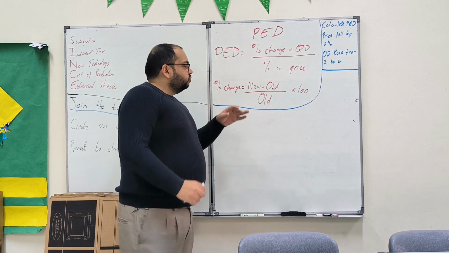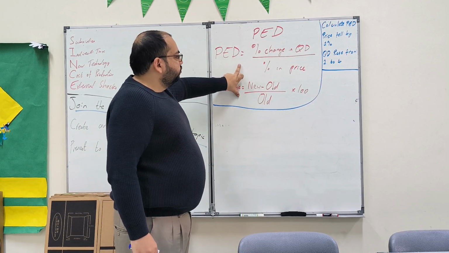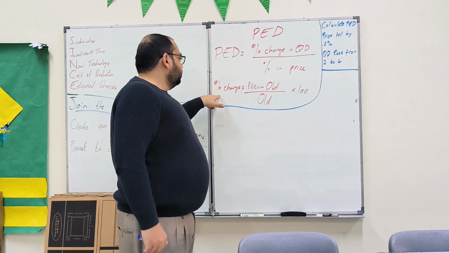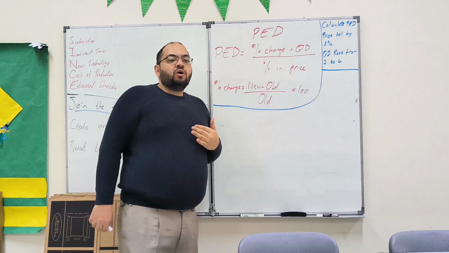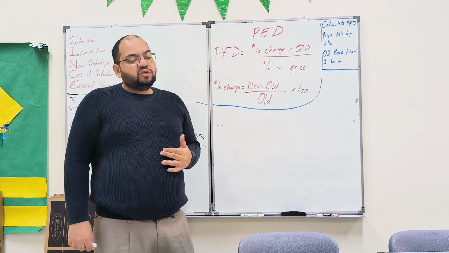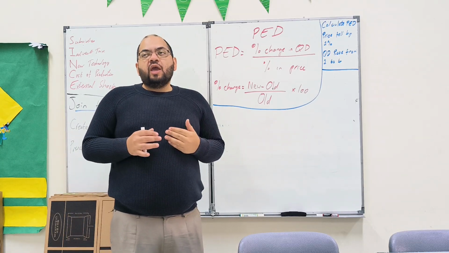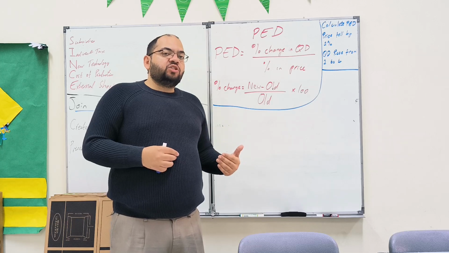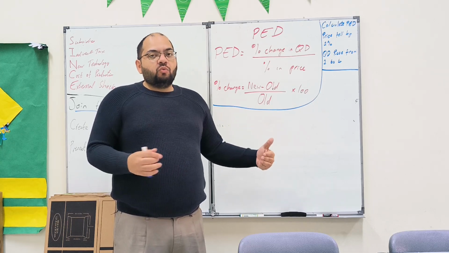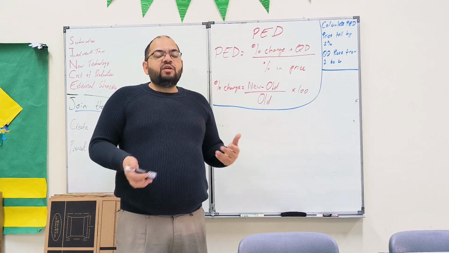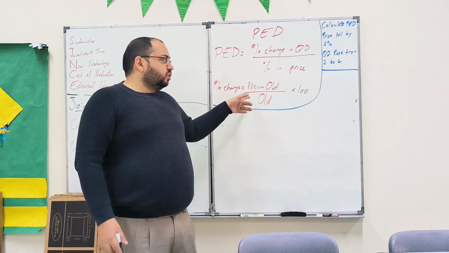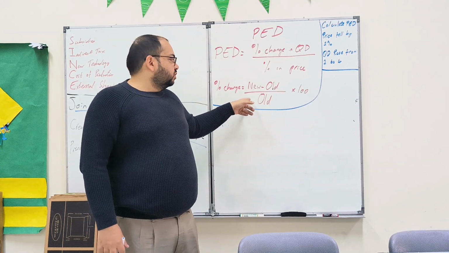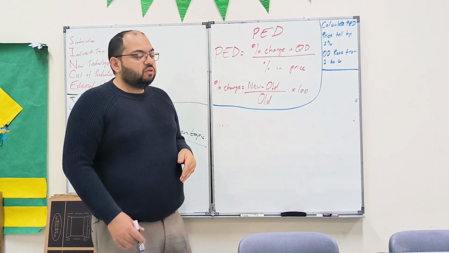Now, I do not want you to get confused by these two formulas. Okay, the formula down here is only on the percentage changes. If you were to do any subject and they ask you what is the percentage change from X to Y, then you'll be using this formula. This is not just exclusive to economics.